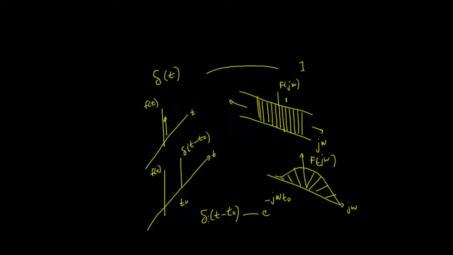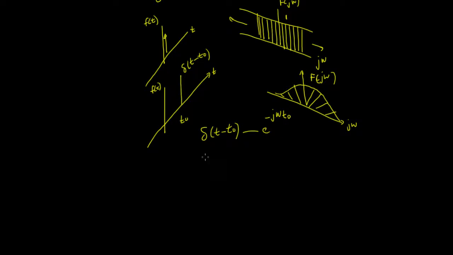So the same sort of thing occurs with functions. We're interested in the Fourier transform of a delayed function in time, so f of t minus t naught. To find that, we just go through the Fourier transform. So that's the integral from minus infinity to infinity of the function times e to the minus j omega t by dt.